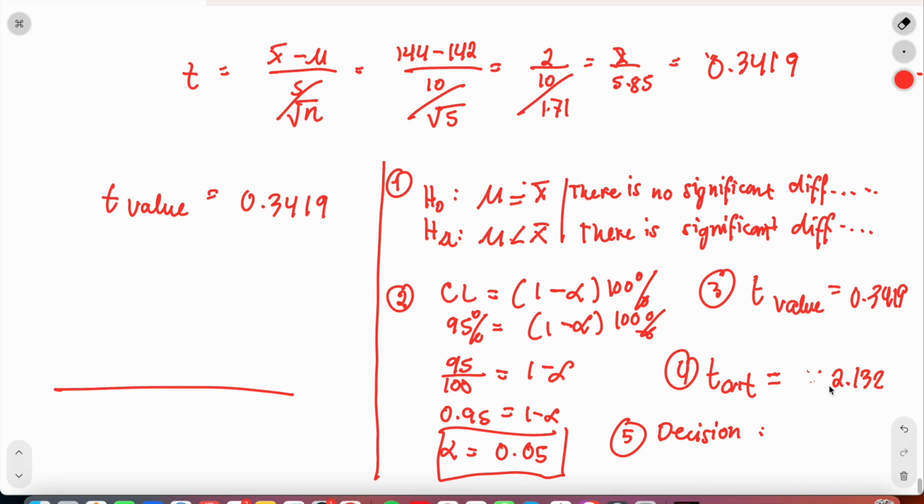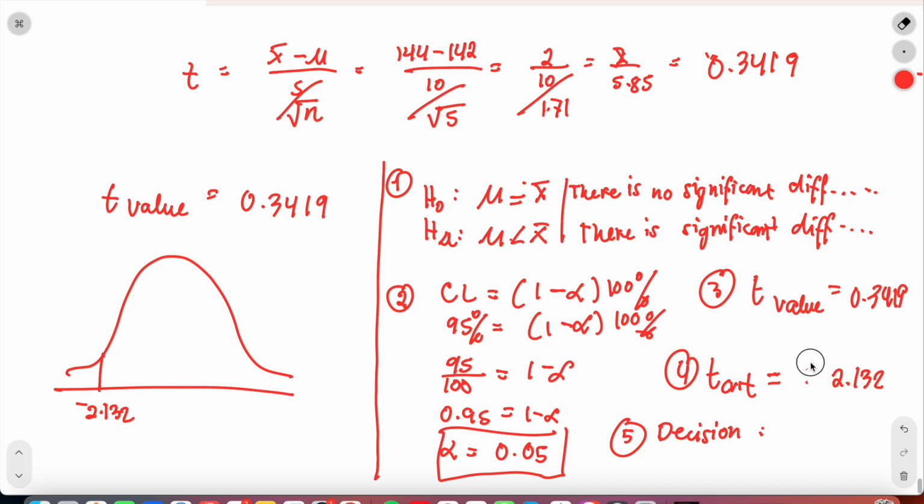We already found the t critical value, which is 2.132, and since this is left-tailed, our t critical should look something like this, negative 2.132. If it's two-tailed, if it's not equal, we use the sign plus minus, implying that we also have plus 2.132 here. But this is a one-tailed problem. This was my mistake in the previous video, guys.